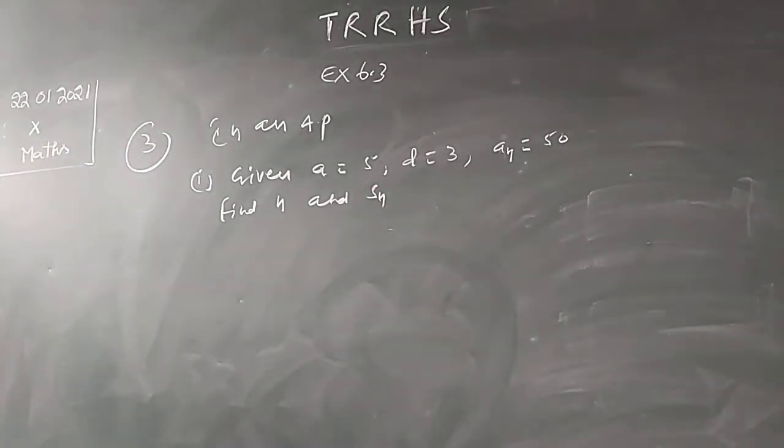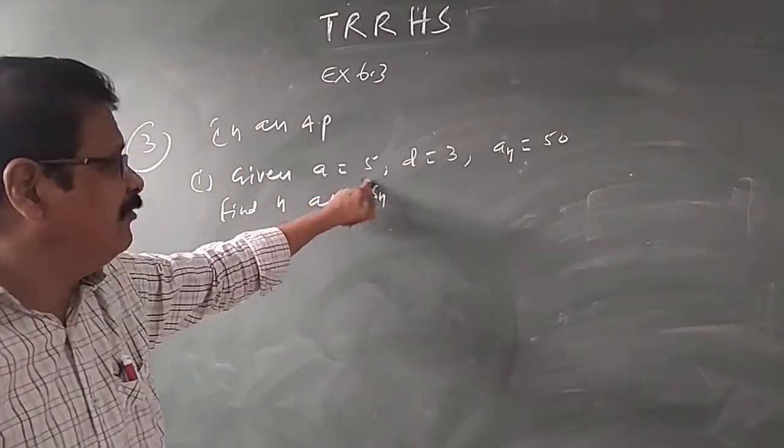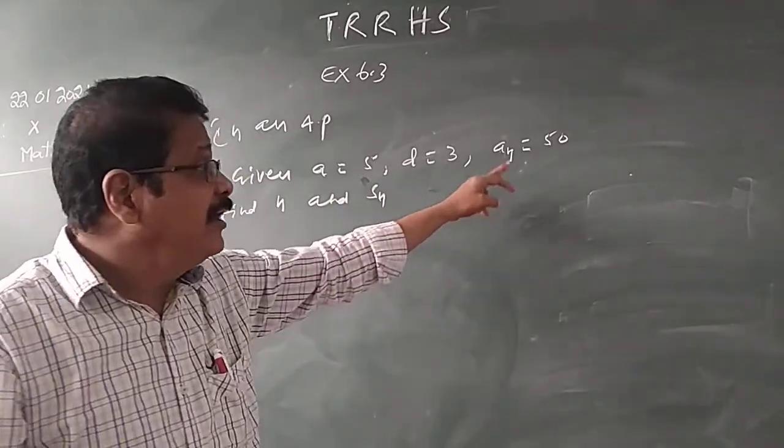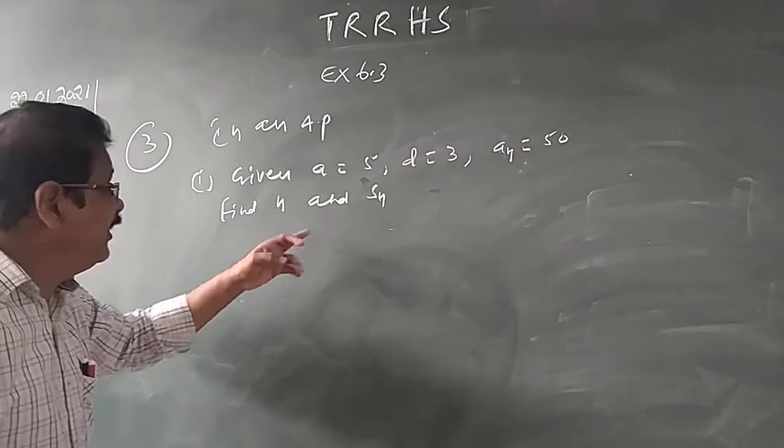Okay. So here, in an AP, given a is equal to 5, the first term is 5, d the common difference is 3, an means nth term or last term is 50. Find n and Sn.